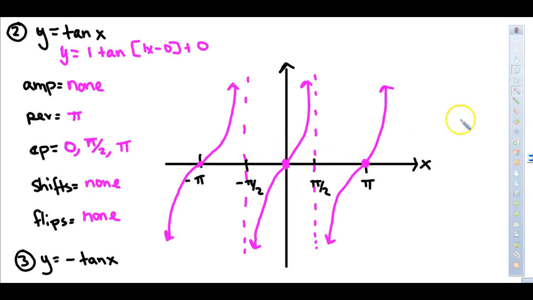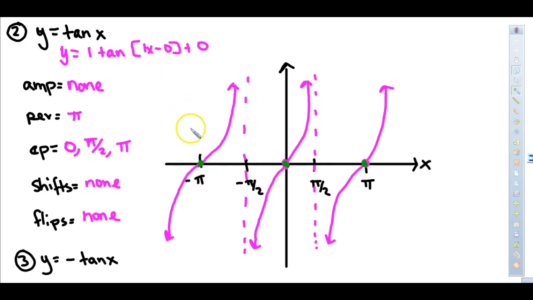Okay, now if this graph were to flip, notice that your points are all on the x-axis, so they're going to stay there. Goodness gracious, I don't know why I keep going there. The asymptotes, if they were to flip, the line would still be there.